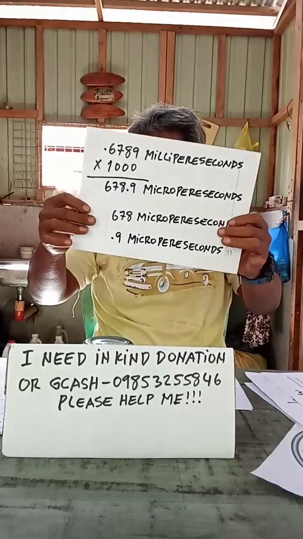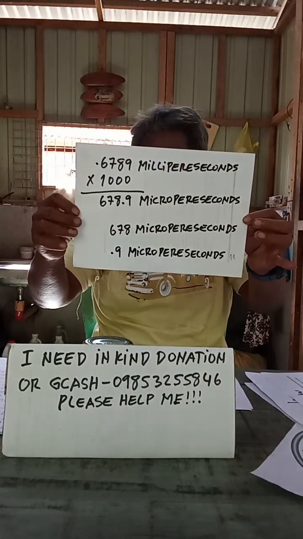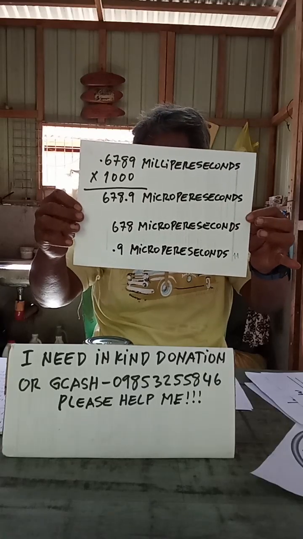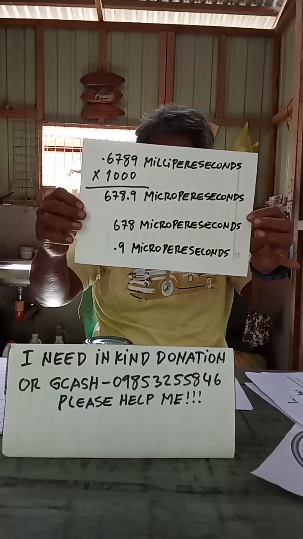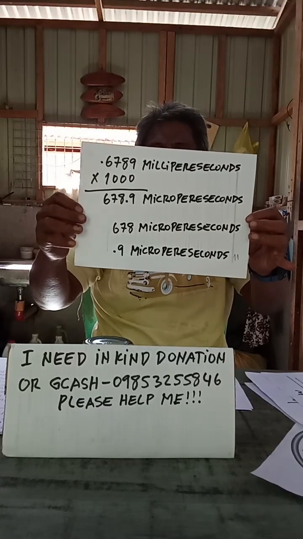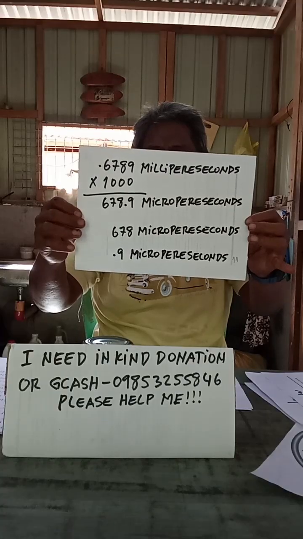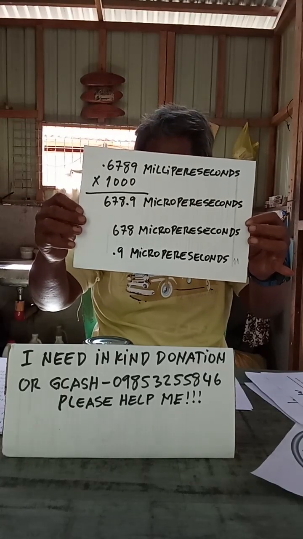So, continue. The next smaller unit of time than milli per second is micro per second. Again, 1 milli per second is 1,000 micro per seconds.